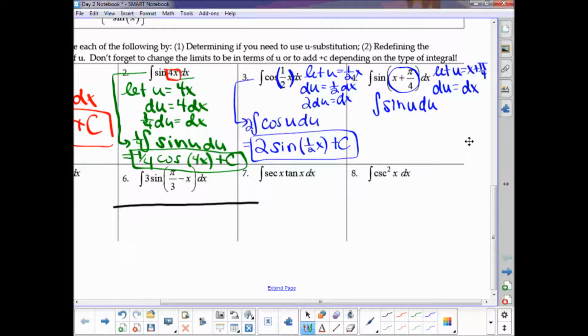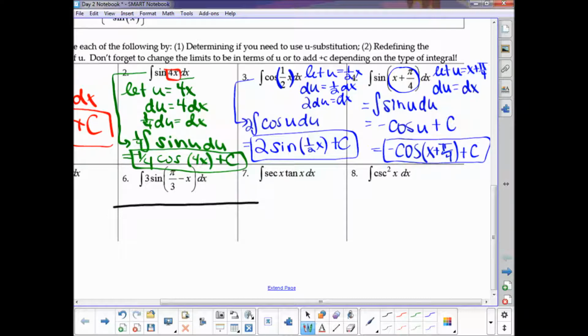And my antiderivative of sine is negative cosine, good. And again, just throwing back in that u, negative cosine of x plus pi over 4 plus c. Questions with that one?